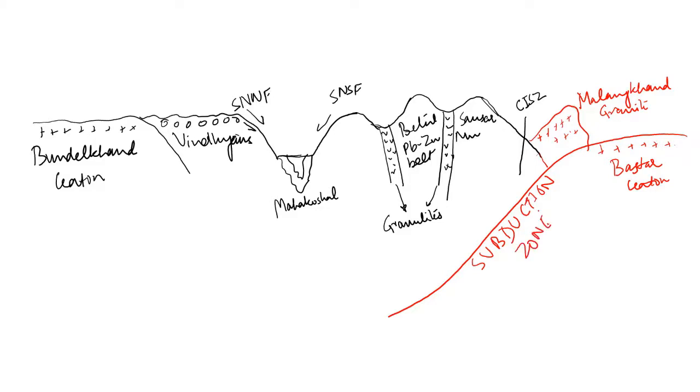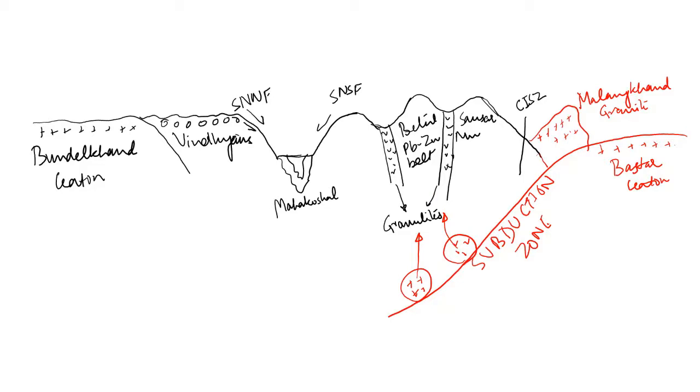Now, these granulites which appear on the surface over here, they must have formed somewhere over here at the deeper levels. These granulites were formed at these levels, then they got exhumed.